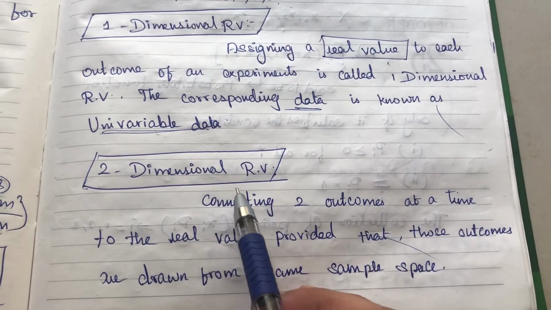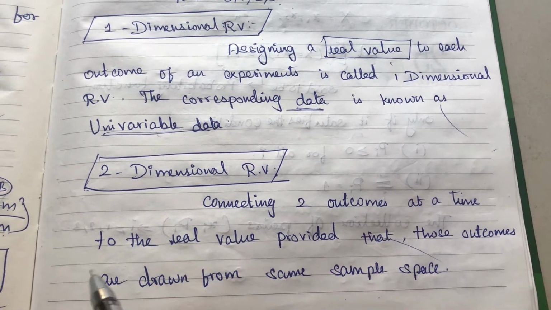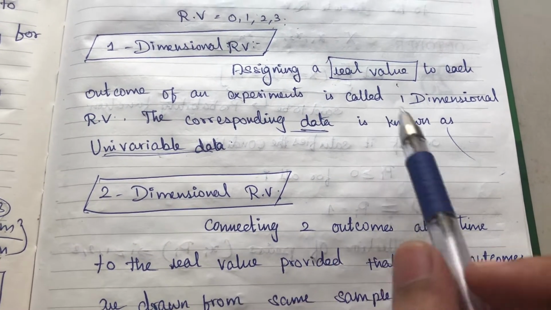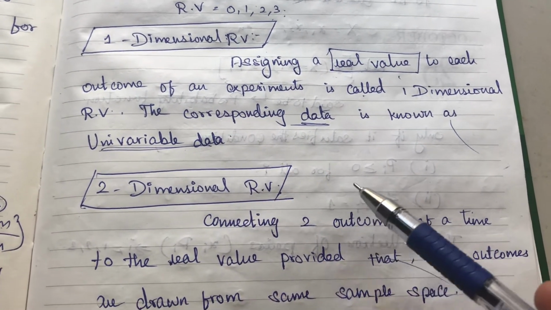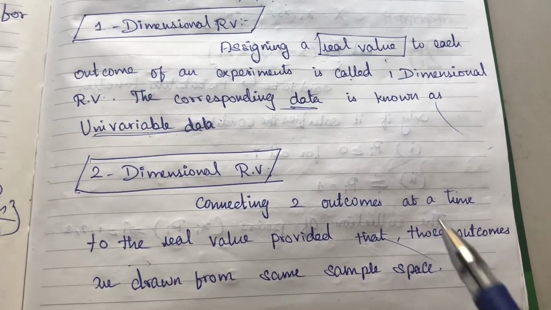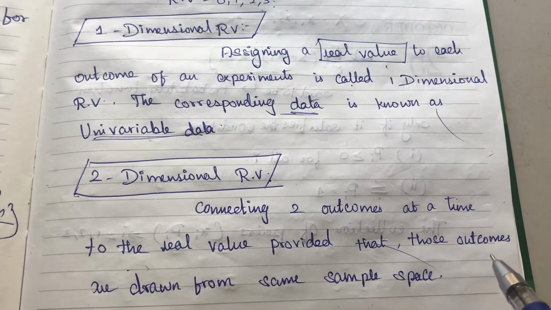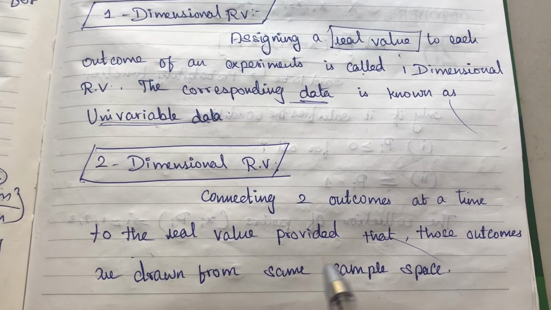Next, two-dimensional random variable. Connecting two outcomes at a time to a real value. Here, we need to connect two outcomes to the real value, provided that those outcomes are drawn from the same sample space.